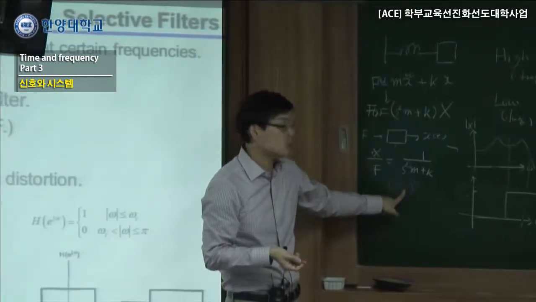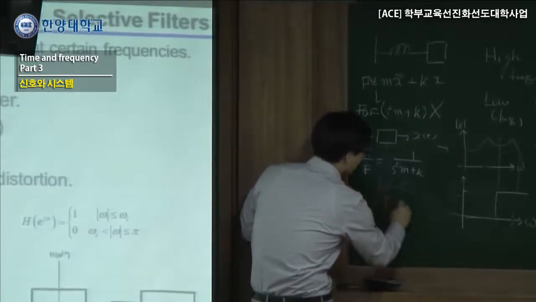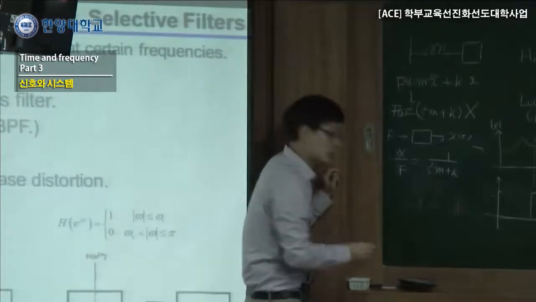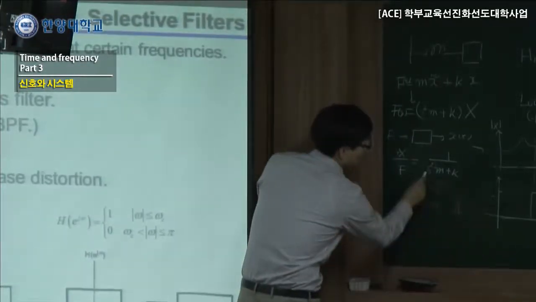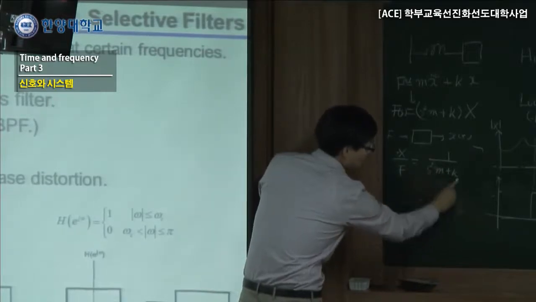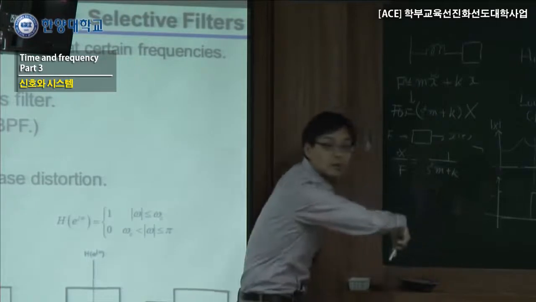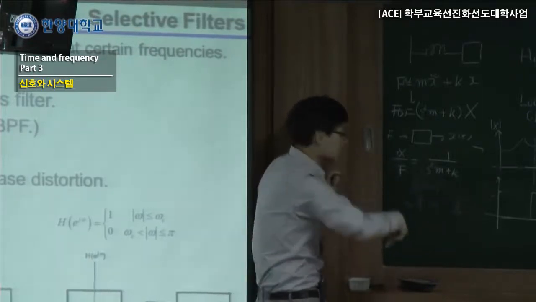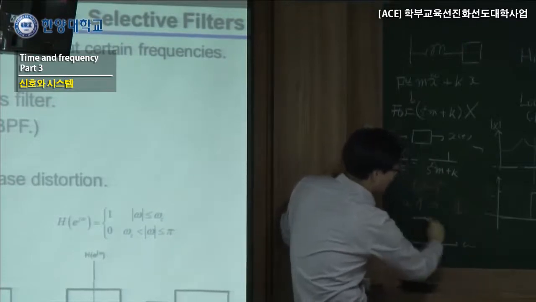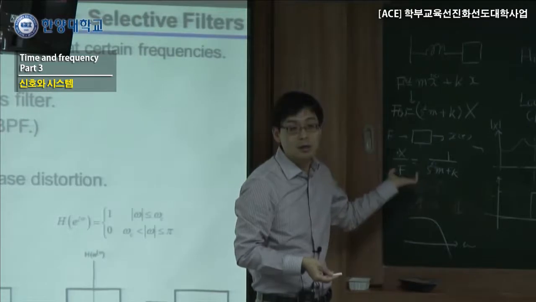And if you increase the frequency, then this one goes down, right? When you increase this frequency over here, as the denominator increases, the total value goes down. Is it right? So if you increase the frequency, if you go this way, then the amplitude goes down. So expect a low pass filter.